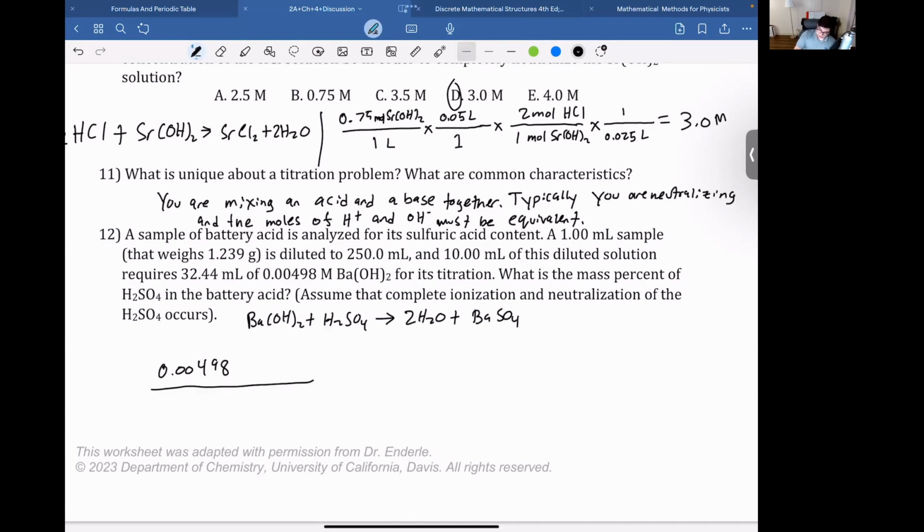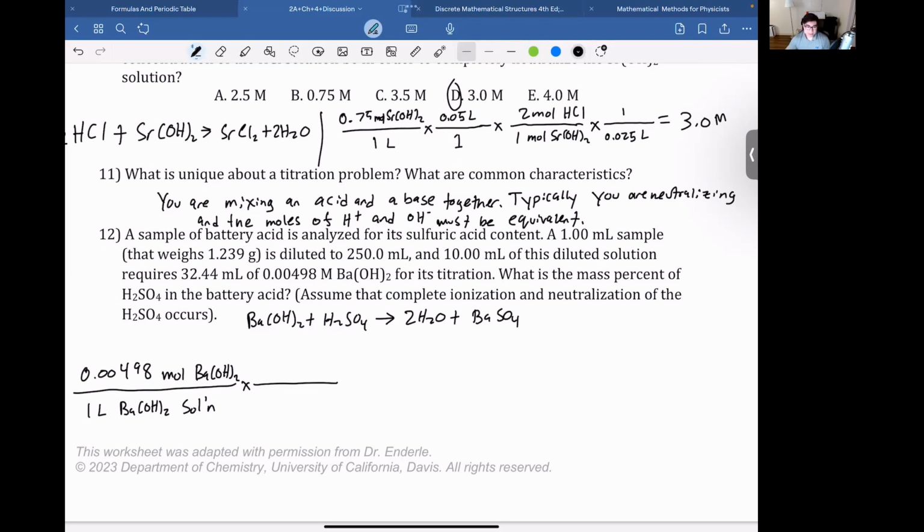So we have 0.00498 moles of barium hydroxide for every 1 liter of barium hydroxide solution. Then we want to convert this to moles of barium hydroxide, right? So we can relate how many moles of barium hydroxide was used to neutralize this sulfuric acid. That's what you always want to do. Convert to moles. Again, this is where we're mixing things. Now we can't just relate the molarities or anything like that.